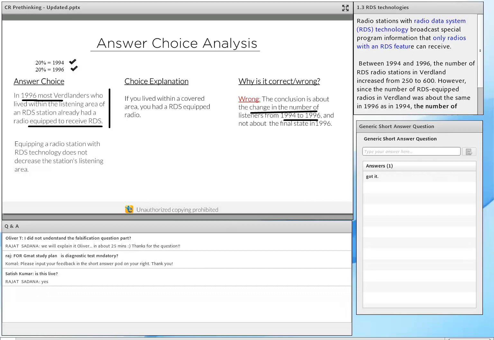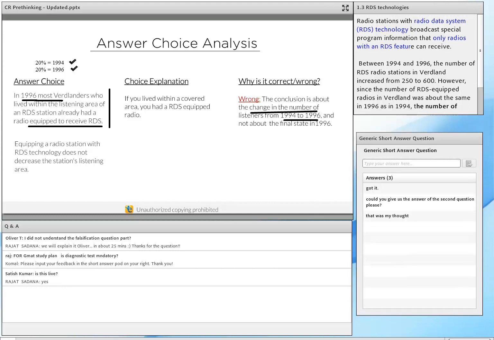Aniket says, if all the population already had this. Yes, Aniket, you're right, but is that required? Let me just give you a parallel example, Aniket.